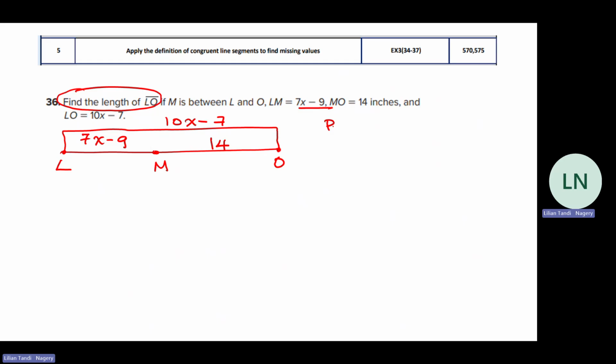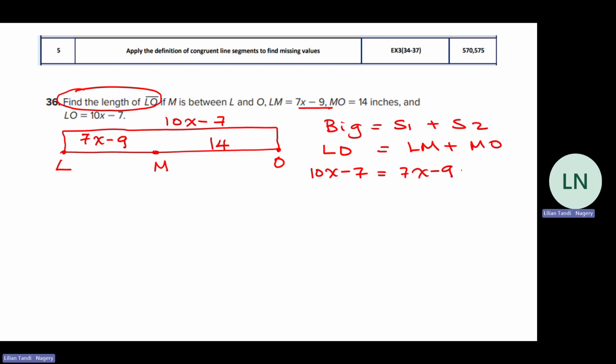So I start: big equals small 1 plus small 2. Big is LO. LM is S1. MO is S2. LO is 10x minus 7. LM is 7x minus 9 plus 14.